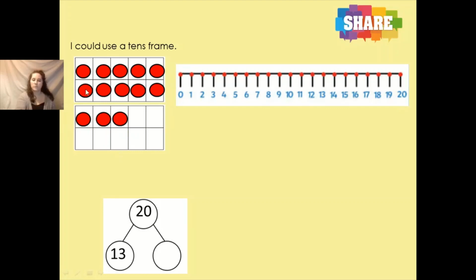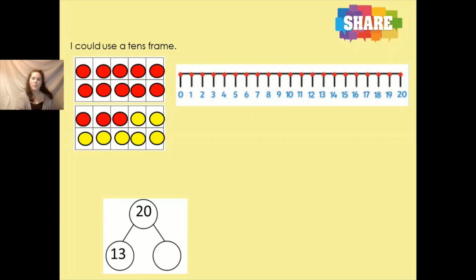And I've put my group of 10 and I counted on 11, 12, 13. So if I want to find out how many more cars I need, I would need to fill up the rest of this tens frame, because once I've done that we would reach 20. Are you ready? Let's fill up the rest of that tens frame.